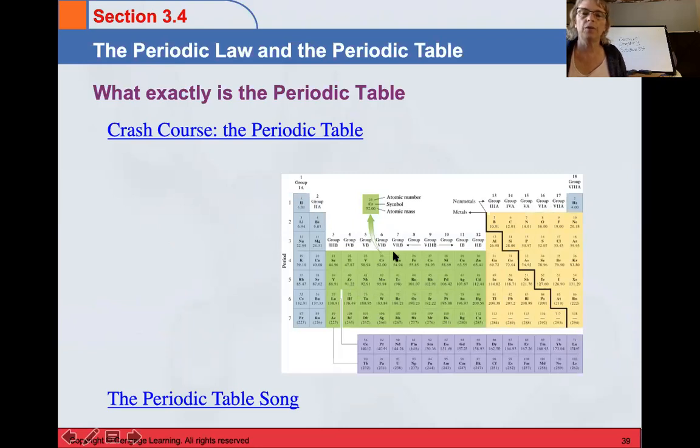No matter where you are in the table, this is always the first period, even if there's no element here. So this is always going to be period 1, 2, 3, 4. So even if there's no element here, you always count this up here as period 1. So it would be period 1, 2, 3, 4.